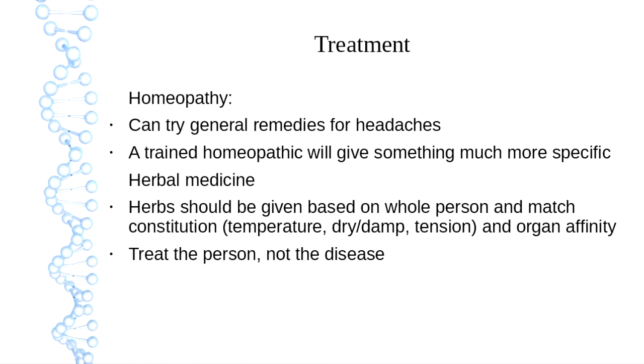They're going to consider different organ affinities for herbs. Just even going back to a chart I put up earlier, if someone is more of a liver type or wood type compared to the kidney or water type, they might need very different herbs, even if the symptoms are very similar. So again, you get a very different treatment by looking at this from an individualistic perspective rather than saying what's the best way to treat headaches.